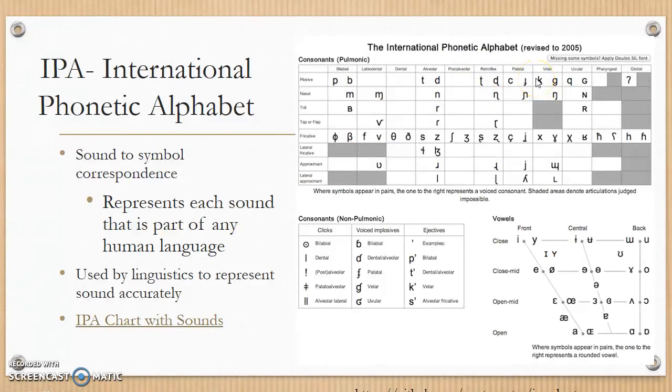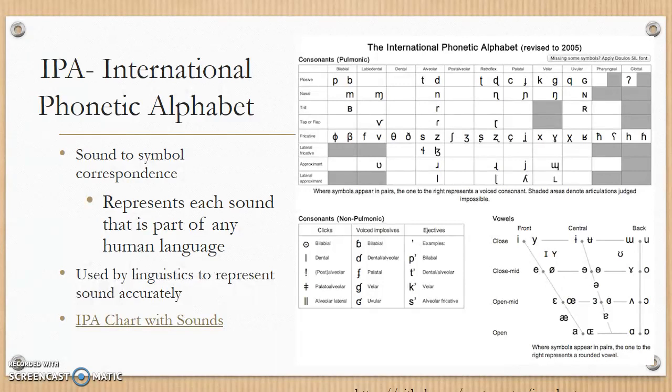So each sound that is possible in human speech is represented on the IPA, on the vowel chart, and on the non-pulmonic consonants. Non-pulmonic means we don't use our lungs. So if you think of clicks in some languages, that is included here. Any speech that is possible to be made through the vocal tract of a human is represented here.